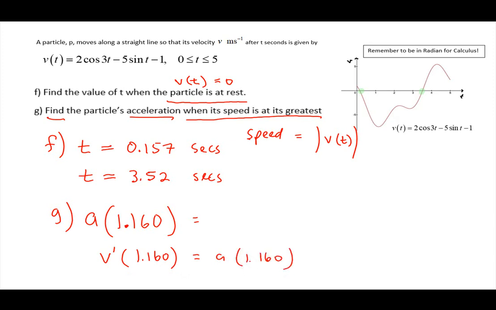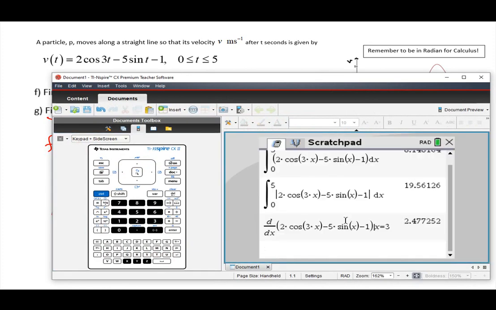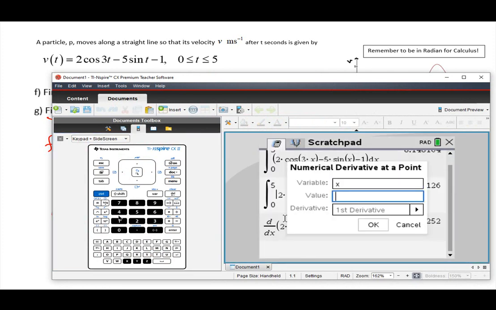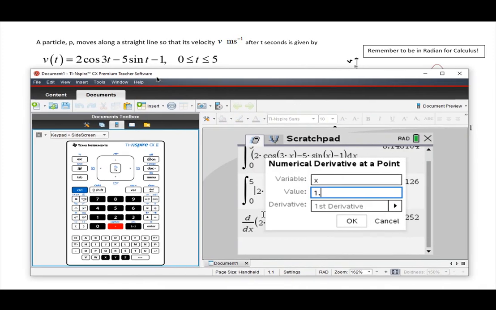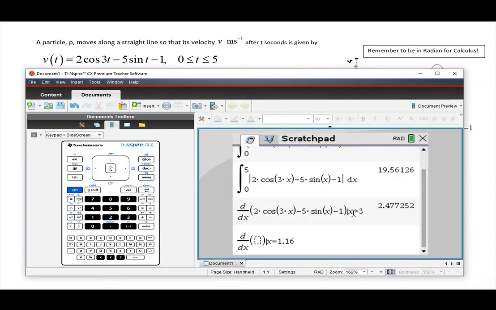So we just put this in the calculator. Once again, we need to take the derivative. So calculus, derivative. The value is 1.16. We're doing one derivative, the first derivative.